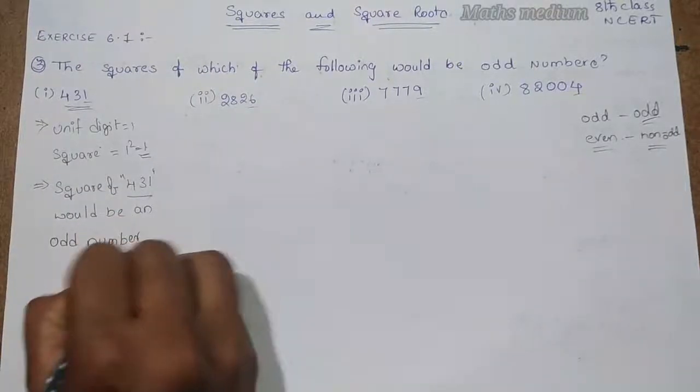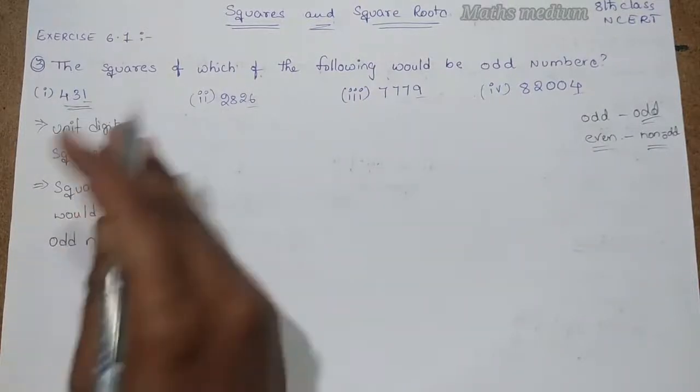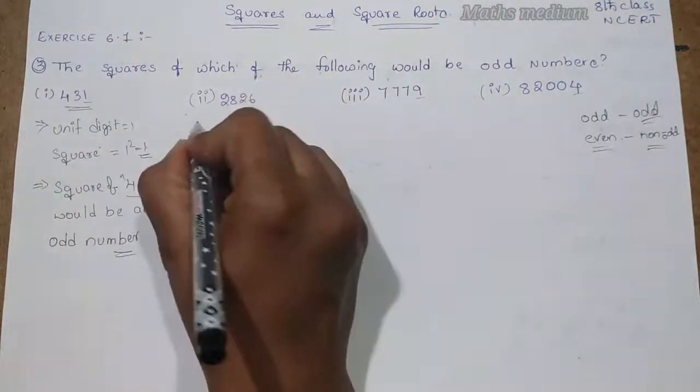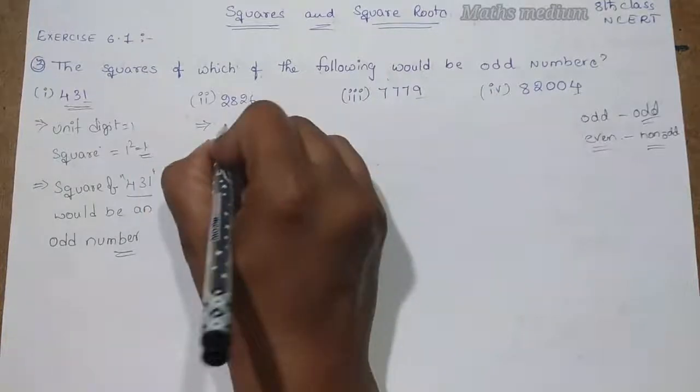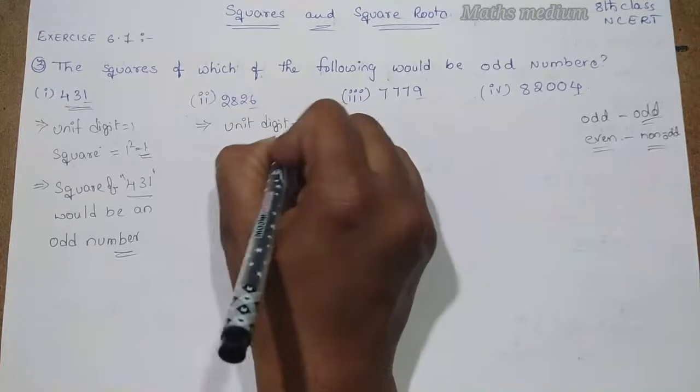By using this simple method, that is the unit digit number, we can say it is either odd or not. Next, coming to here, take the unit digit again.